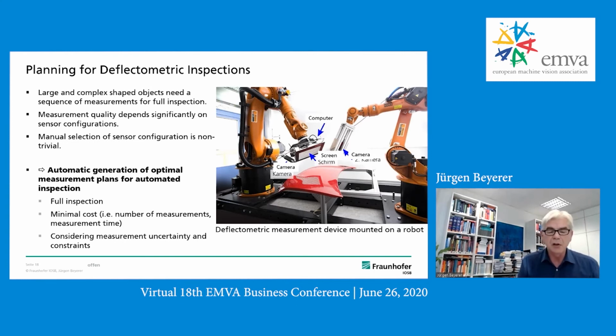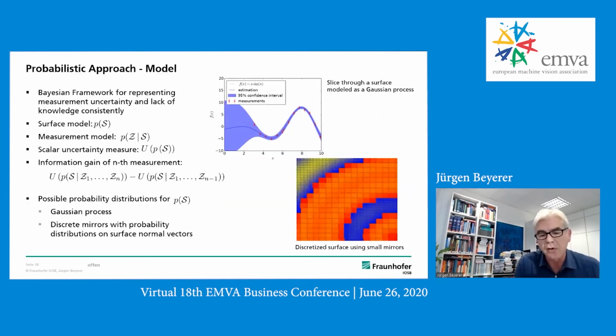And we did a lot of work on the automatic generation of optimal measurement plans for automated inspection. We want to have a full inspection with minimal cost, considering the required measurement uncertainty at each point of the surface.